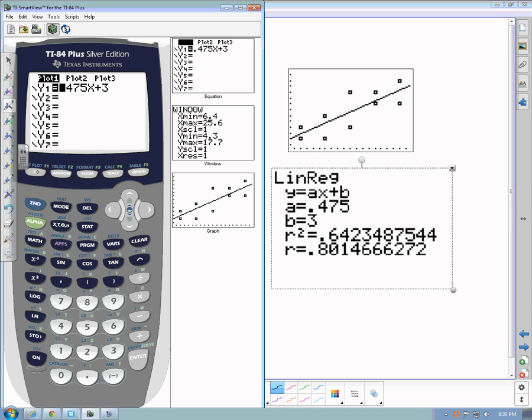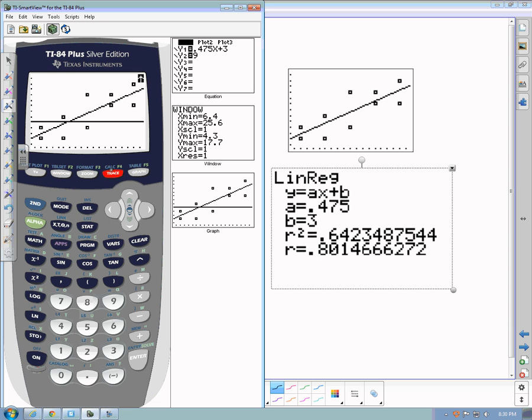On a TI, if you want to calculate something, you would hit second calc, and you can do value, which would be a YCal, and then you just type in an X value, and it will give you the answer. If you know a Y value and you want to find X, that's where you have to go into your TI and then type in another number, whatever it happens to be, and then graph it, and now find the intersection point.